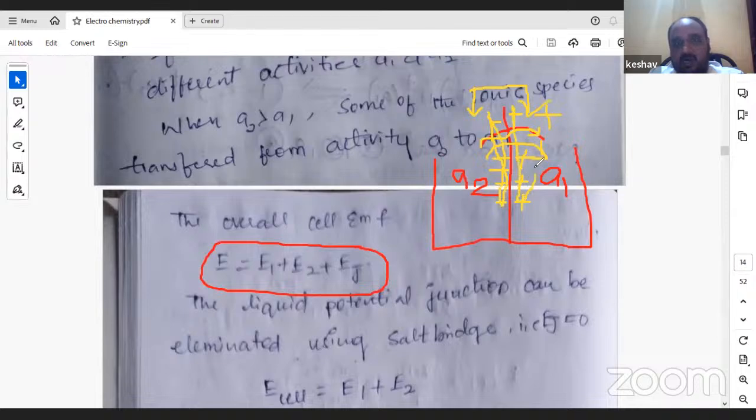Therefore, no more ions are deposited at the junction with the help of the salt bridge. So we can eliminate the junction potential by using the salt bridge. Is it clear?